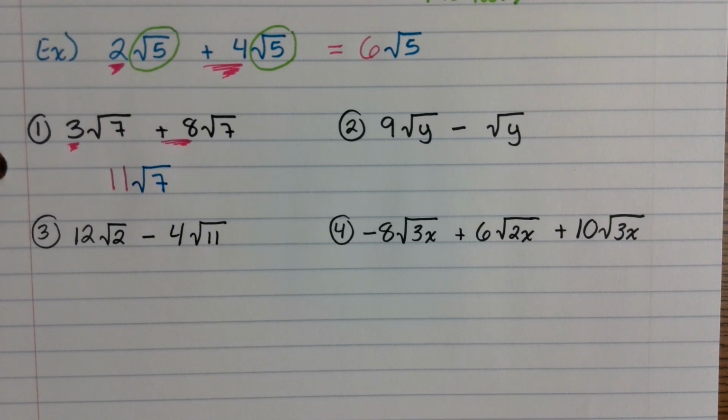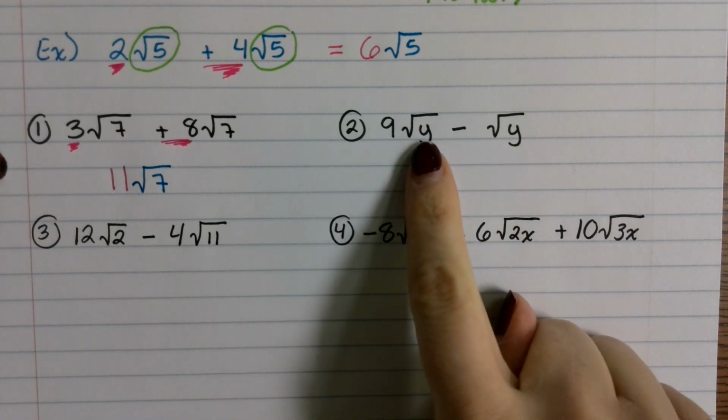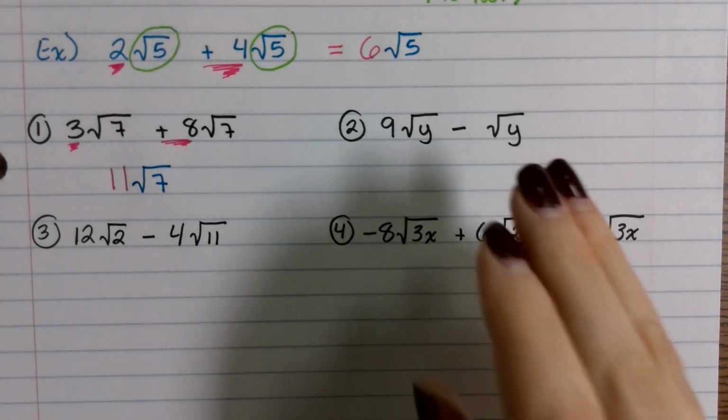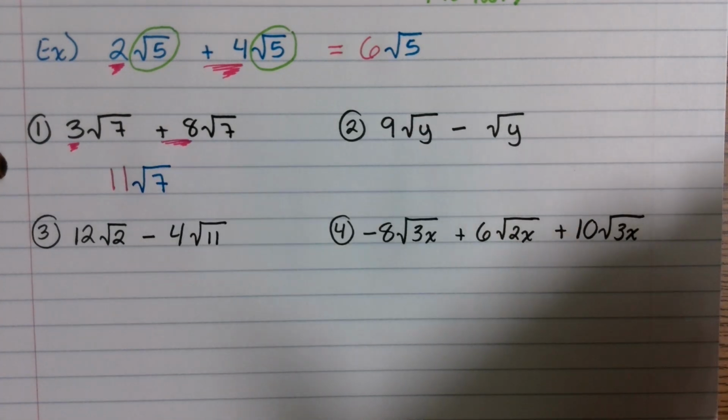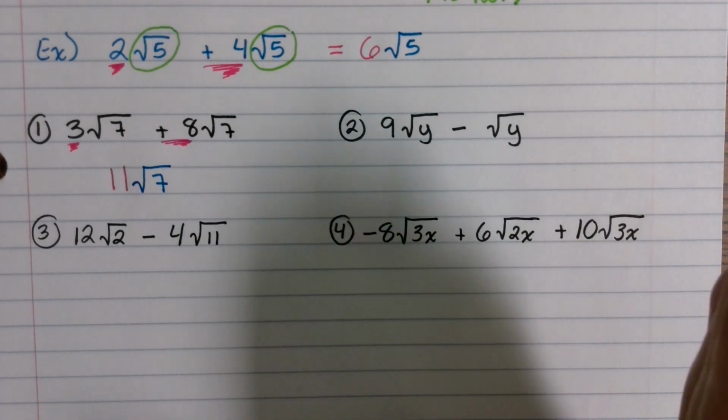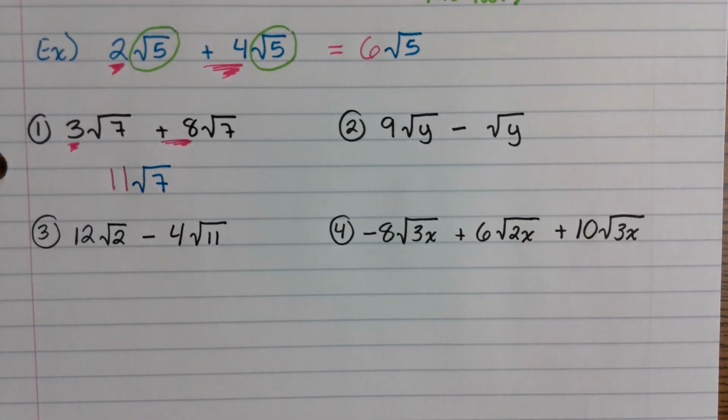Go ahead, Brett. 9. Nope. Jimmy Ho? 8 square root of y. So remember, if you do like 5x minus x, the x's don't disappear, right? That minus x is really what coefficient? A 1. So it's really 5x minus 1x.